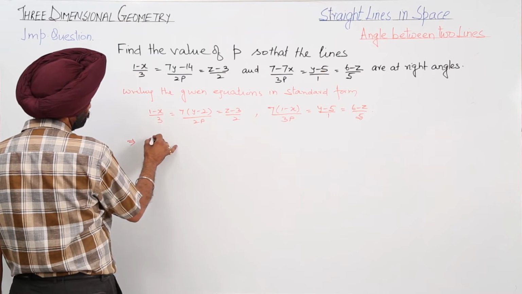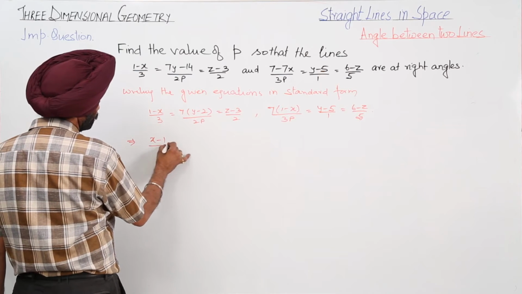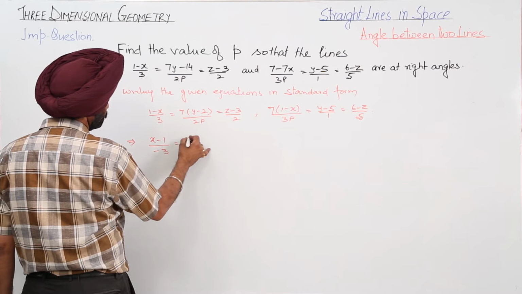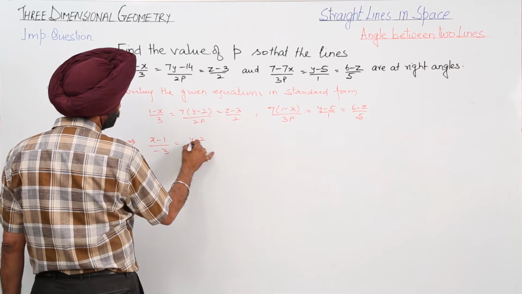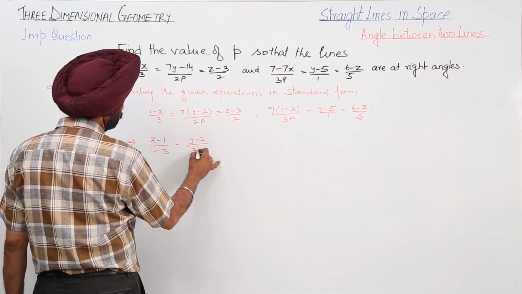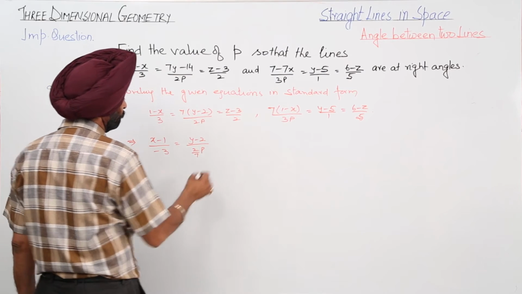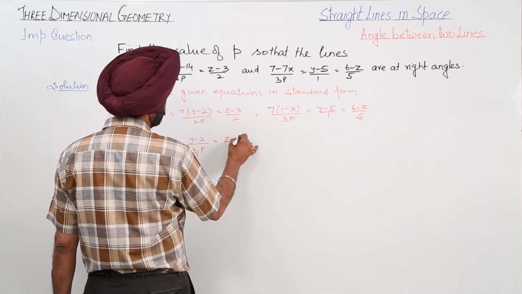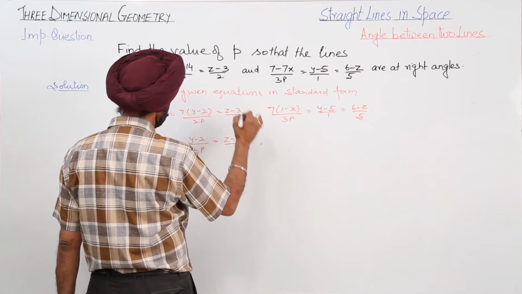Now this becomes (x minus 1)/(minus 3) = (y minus 2)/(2/7p) = (z minus 3)/2.